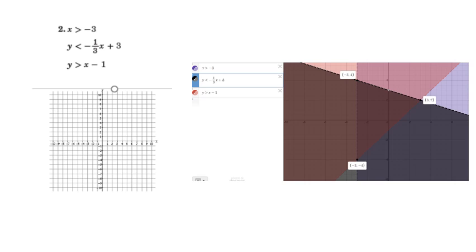Looking at this example, x is greater than negative 3. I also want y less than or equal to negative 1/3 x plus 3, and I want y greater than x minus 1. This region in here is where all 3 of those things are true. If I pick a point, x is going to be greater than negative 3, y is going to be less than negative 1/3 x plus 3, and y is going to be greater than x minus 1.